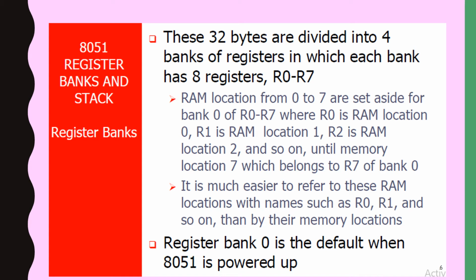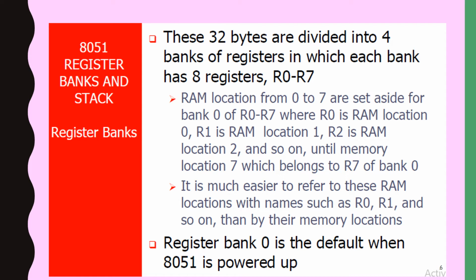The 32 bytes are divided into 4 banks of registers, in which each bank has 8 registers: R0, R1, R2, R3, R4, R5, R6 and R7. RAM locations from 0 to 7 are set aside for bank 0 of R0 to R7, where R0 is RAM location 0, R1 is RAM location 1, R2 is RAM location 2, and so on until memory location 7, which belongs to R7 of bank 0.